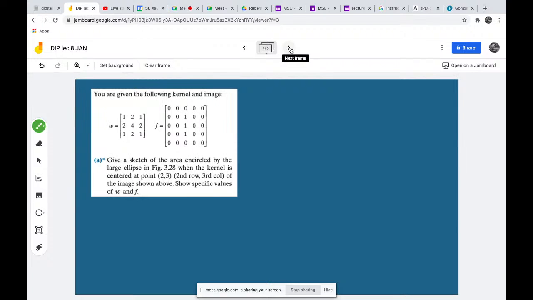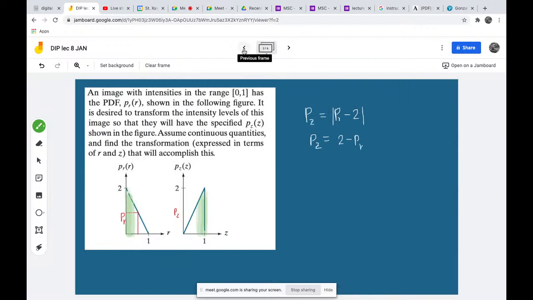You are given the following kernel and image. Just a question. In the previous question, the extreme end vertical line, how is that coming into this transformation? Because using this transformation we'll just get a diagonal line. I don't think the vertical line will come.